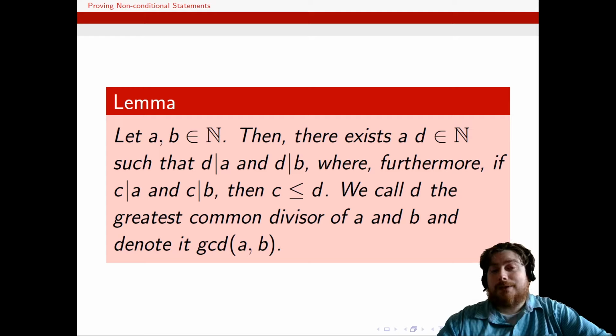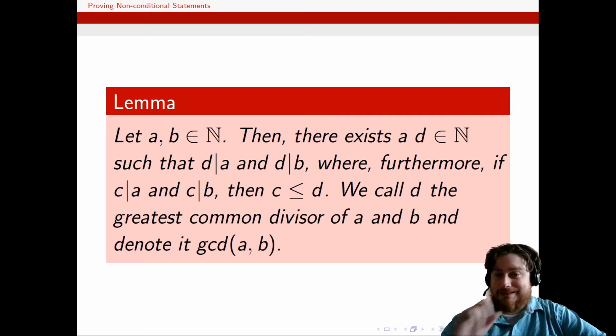Furthermore, if c divides a and c divides b, that is, c is also a common divisor, then c is going to be less than or equal to d. So there will not only exist, but there will exist a unique number d, where it is a common divisor of a and b, and all other common divisors are less than or equal to it. This will be our greatest common divisor. So my first lemma here is that such a number exists and is unique.